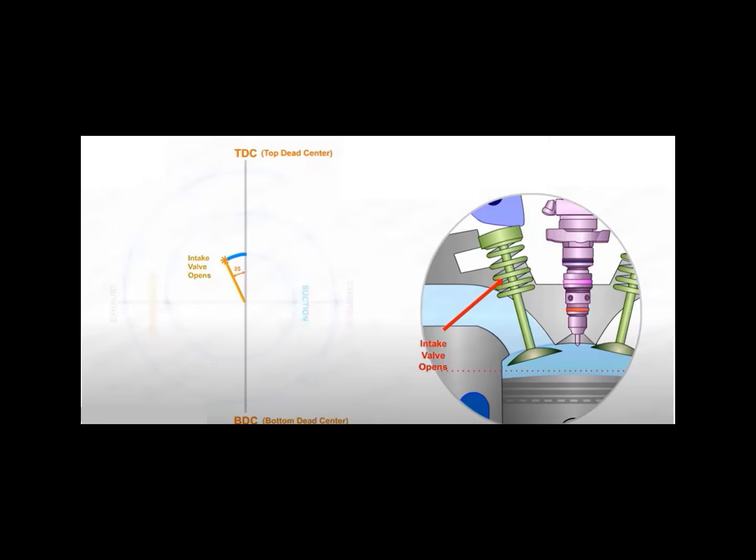This is going to do two things for us, one of which is to get the airflow started into the cylinder in the right direction. Air has mass, it has weight to it, so that means inertia affects it. So we need to get the air to move before the piston starts going down, and that will provide us with a better fill in the cylinder.